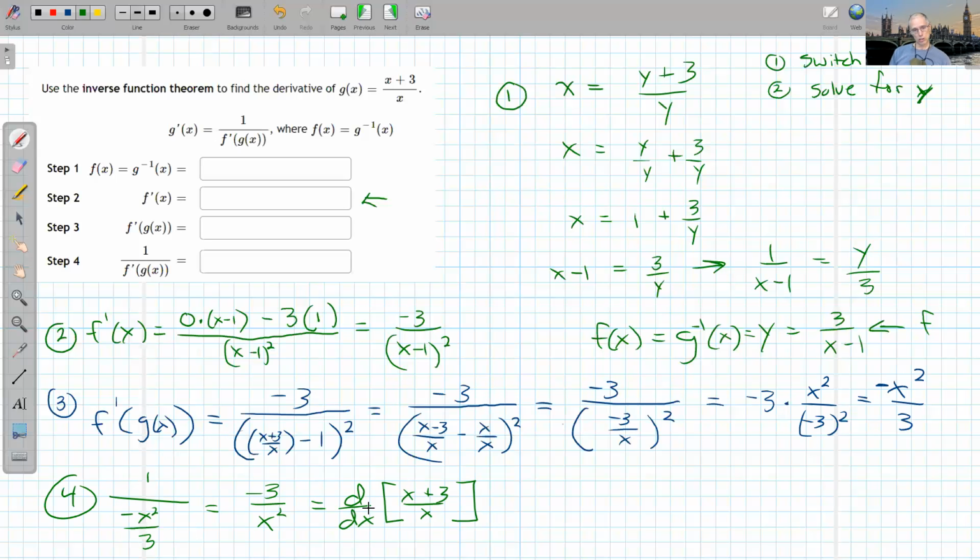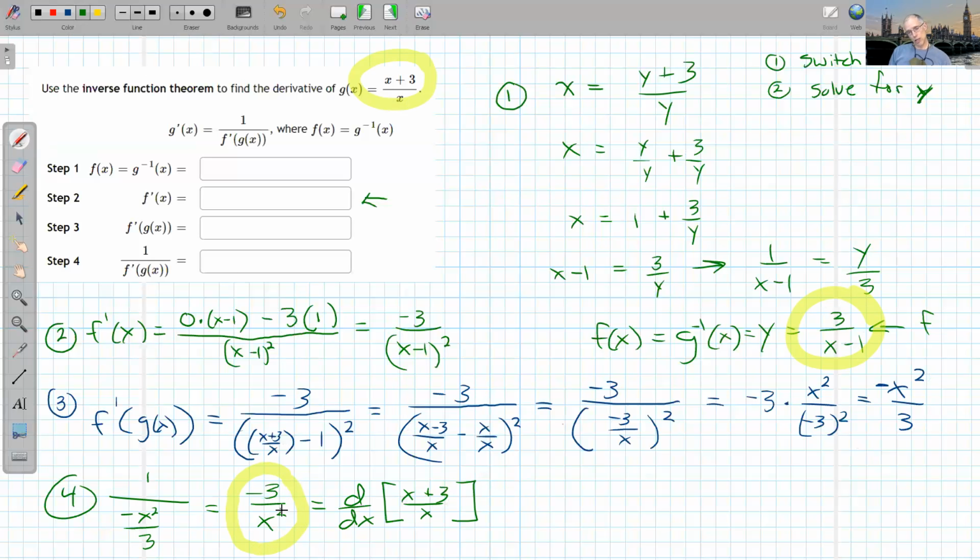Now, we could check that to see if that's really true. So that's just applying the inverse function theorem. And you could have done that in 2 steps instead of 4 like this. But I do have to know, if I know the function, I do have to know its inverse in order to use the inverse function theorem. We need both of those.